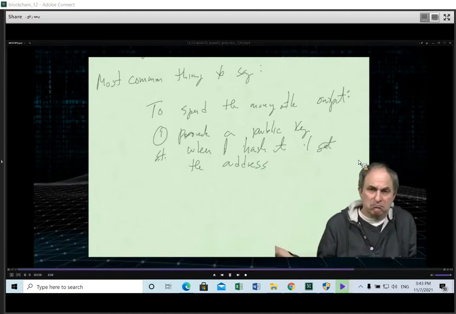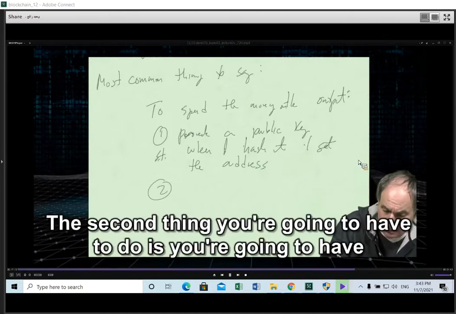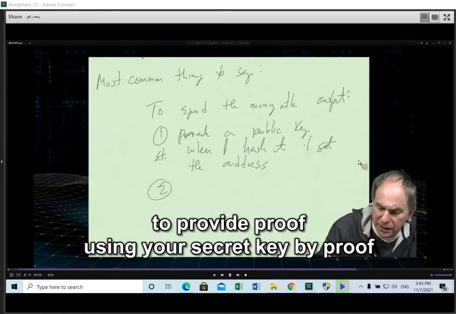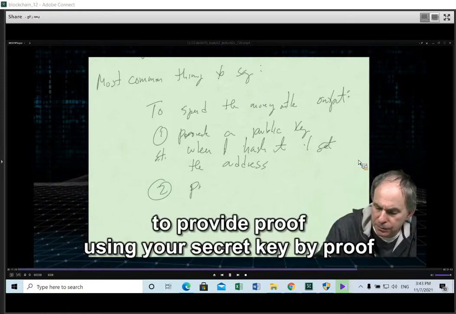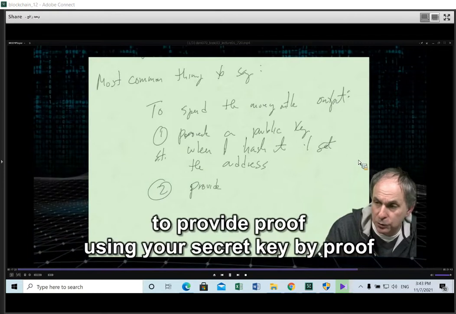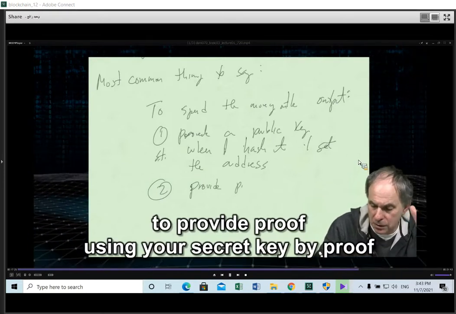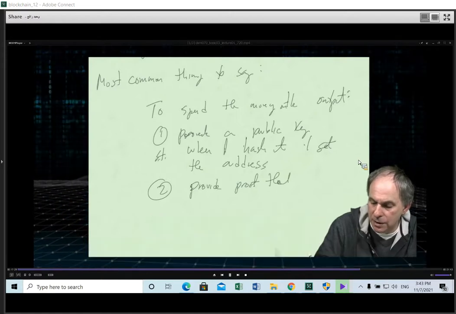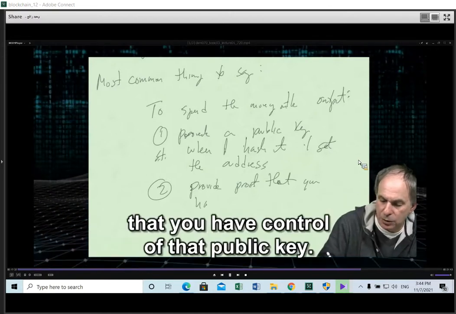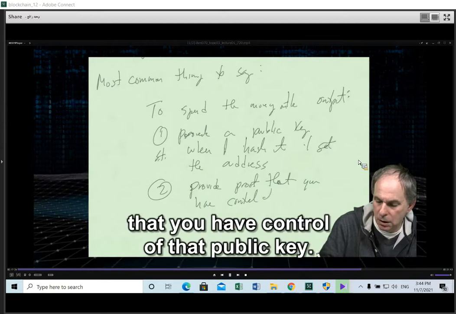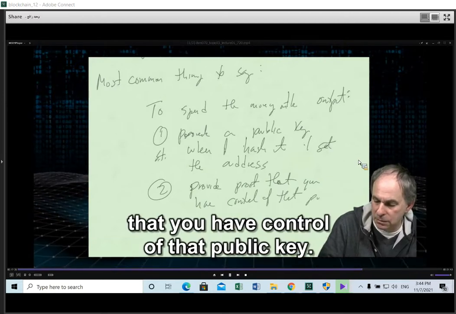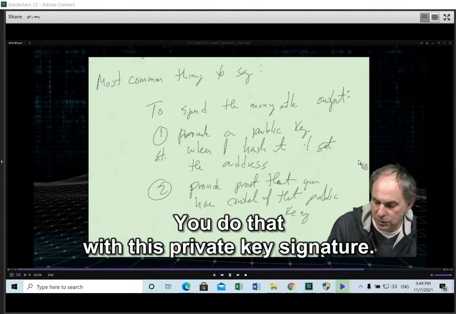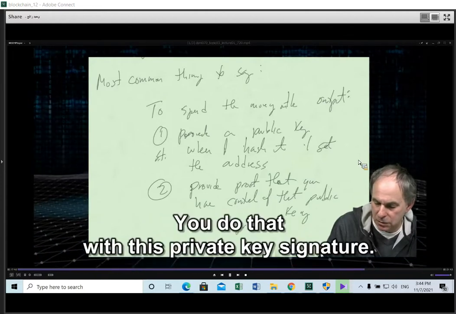Okay? Makes sense? The second thing you're going to have to do is provide proof, using your secret key, that you have control of that public key. And you do that with your private key signature.